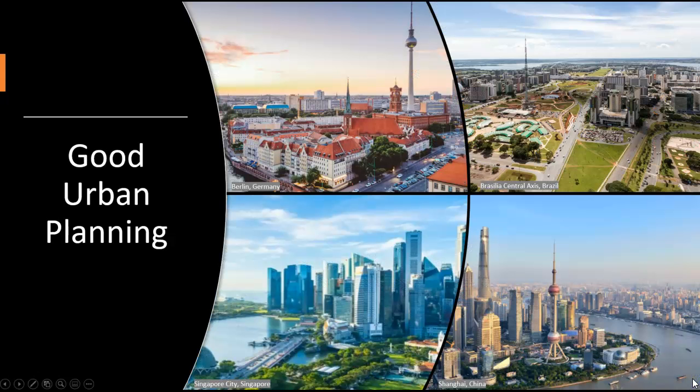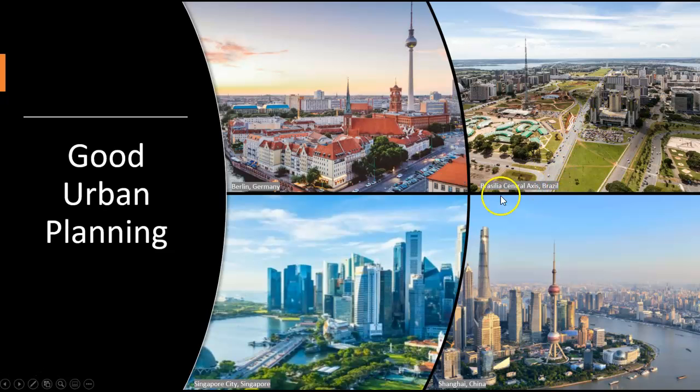But here's what's maybe considered good urban planning. So this is Berlin, Germany, and Singapore. Singapore is considered a model for good urban planning. So is Shanghai in China.